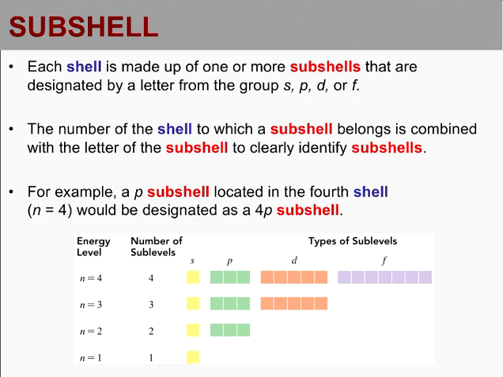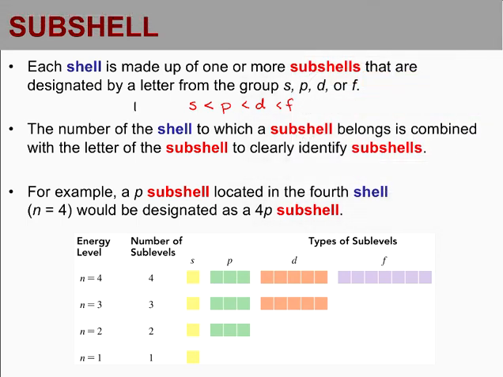But the main thing to know is that the S sublevel, or subshell, is lower in energy than the P subshell, which is lower in energy than the D subshell, and that's lower in energy than the F subshell.